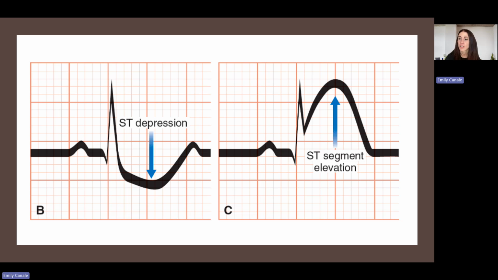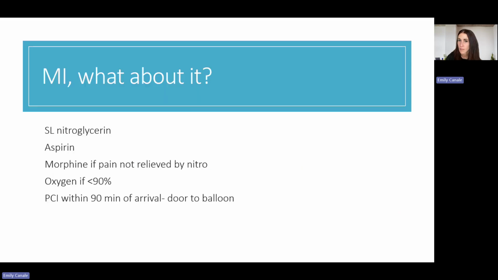No. So just make sure you're thinking about your EKG and asking, is this a STEMI or not? If it is a heart attack, no matter what, you're going to do nitroglycerin, aspirin, morphine. If that pain isn't relieved by the nitro, give oxygen if their SpO2 is less than 90, and they need to go for a percutaneous coronary intervention within that hour and a half.